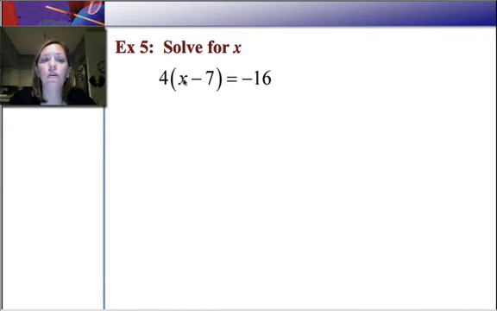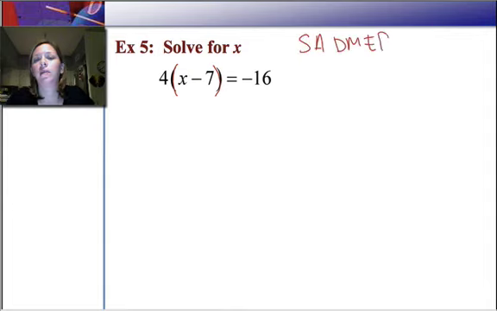Again, notice that there are parentheses in my problem. There's 2 different ways we could go about solving this. The first way is to think about what's in those parentheses, forget about it for right now, and think that we're going to undo that last.